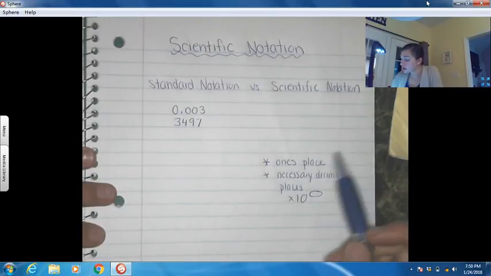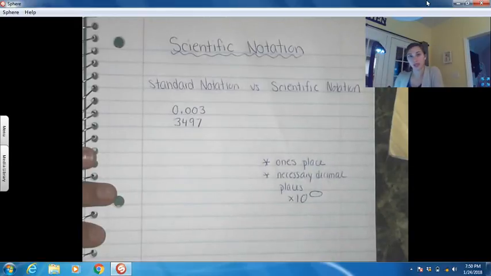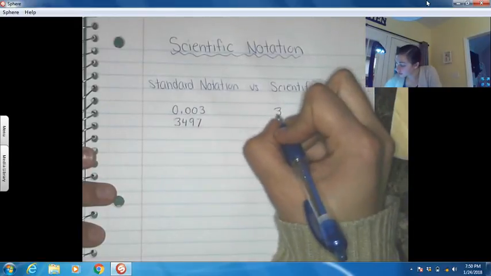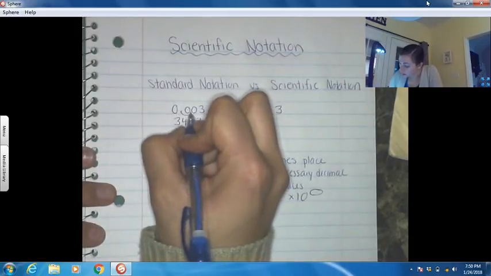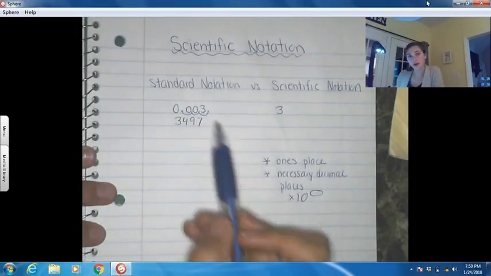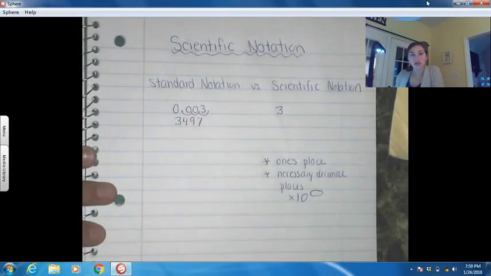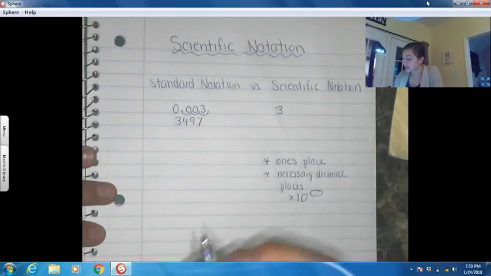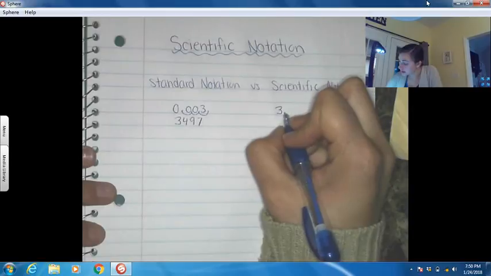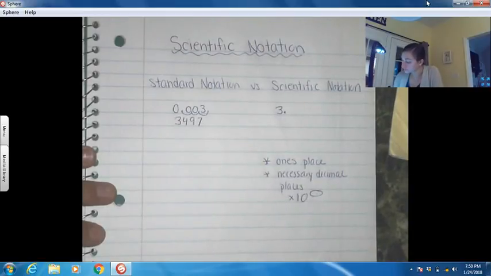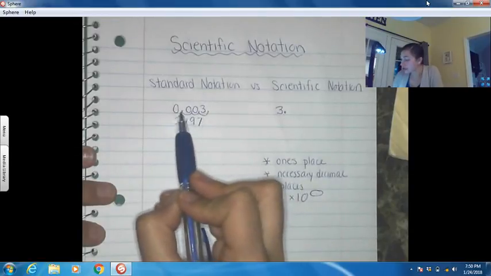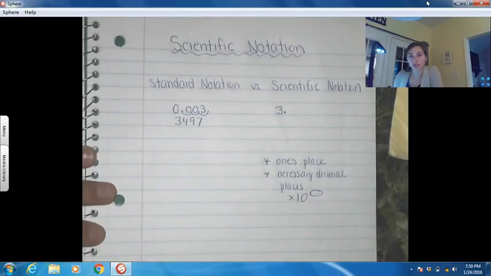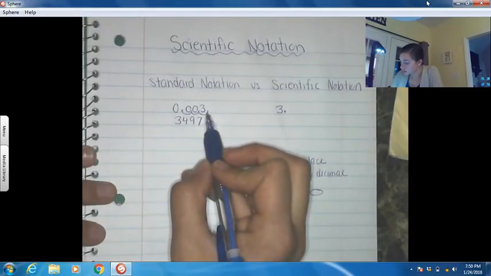So let's look at these for example. We know that we can only have a ones place, so our 3 has to be our ones place. In order to do that, we have to move our decimal place over so that our 3 is the only non-zero number in front of that decimal place. Now we moved this decimal place over 3 times: 1, 2, 3.